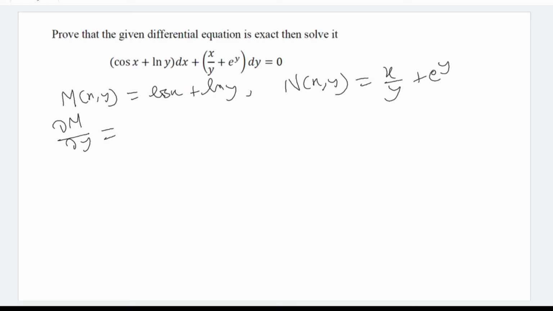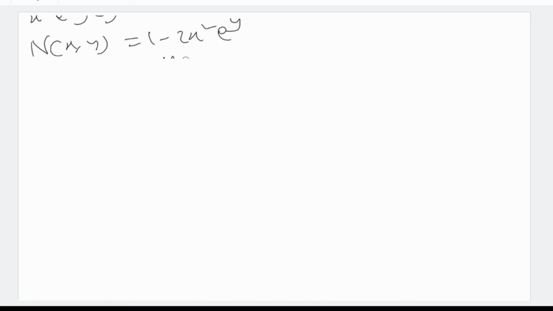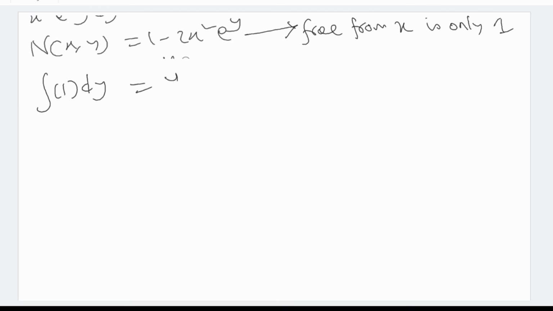Since our N is 1 minus 2x square e power y, the term free from x is only 1. So the integration of 1 with respect to y is y.